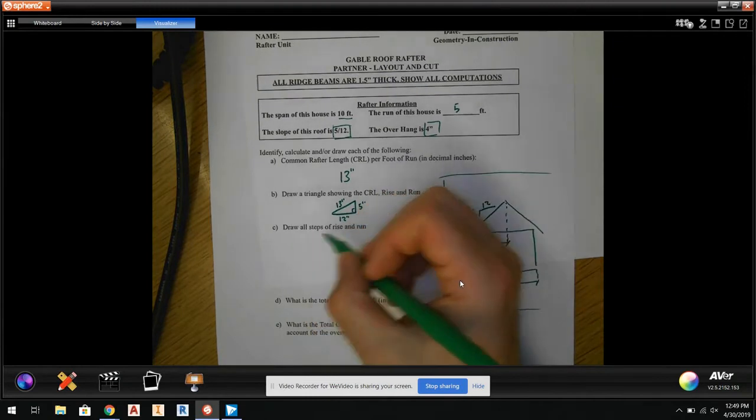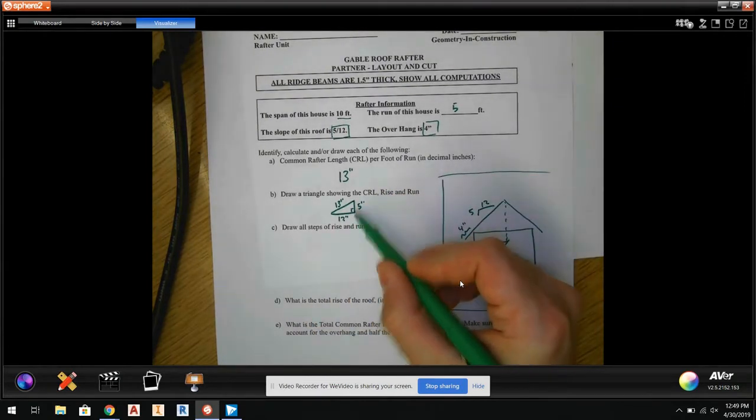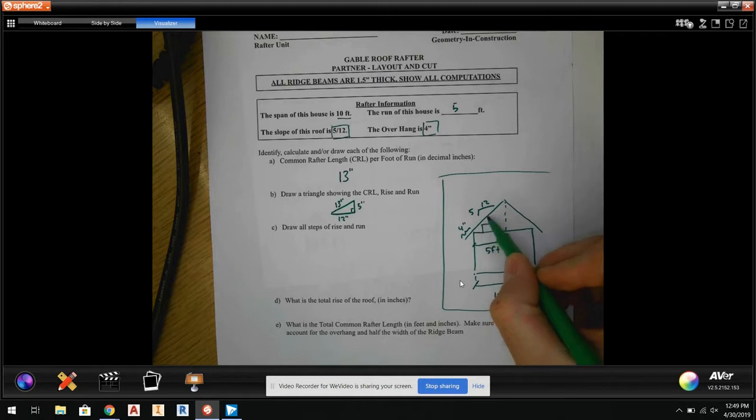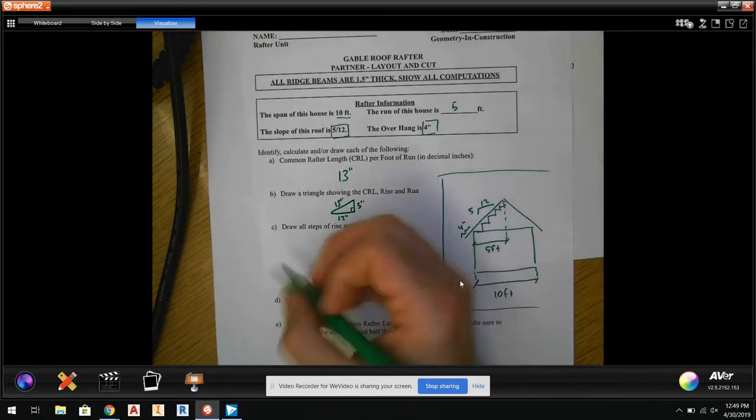So draw all the steps of the rise and run. This would represent 1 foot over, 5 inches up. To do all of them, you need to go 1 foot over, 5 inches up, and repeat, a 5th time to get all the way. So we're going to draw that out a little bit larger.